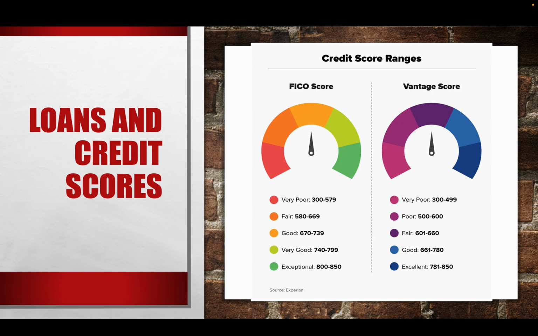These are two companies that determine and calculate credit scores. This is more just information for you to know. If you want to do additional research on this, feel free. We're just going to do a high-level overview of credit scores.